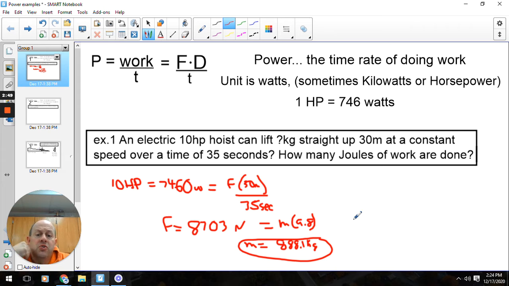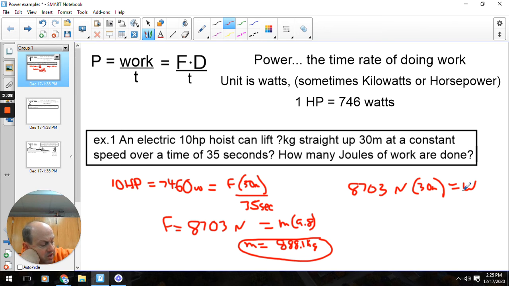Then how many joules of work would be done? For that, we just take our force times our distance. So our force was 8,703 newtons times our distance of 30 meters. And that's going to equal the work.